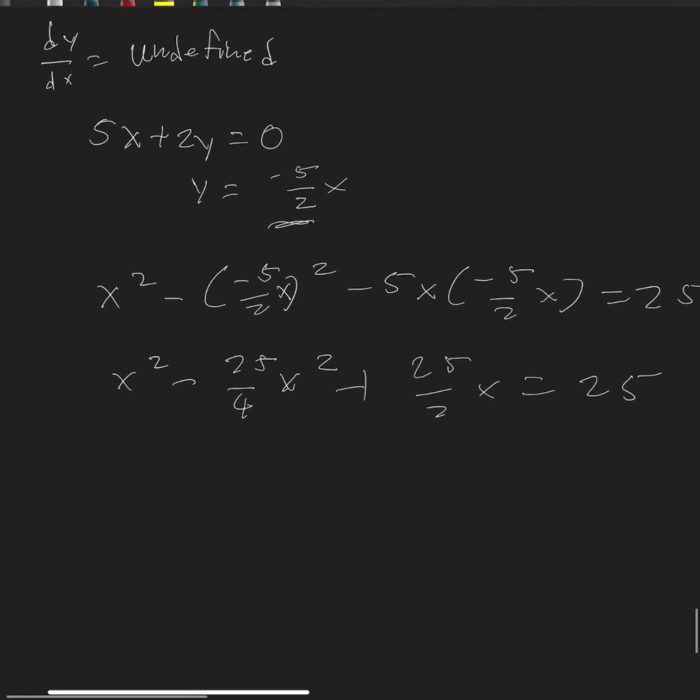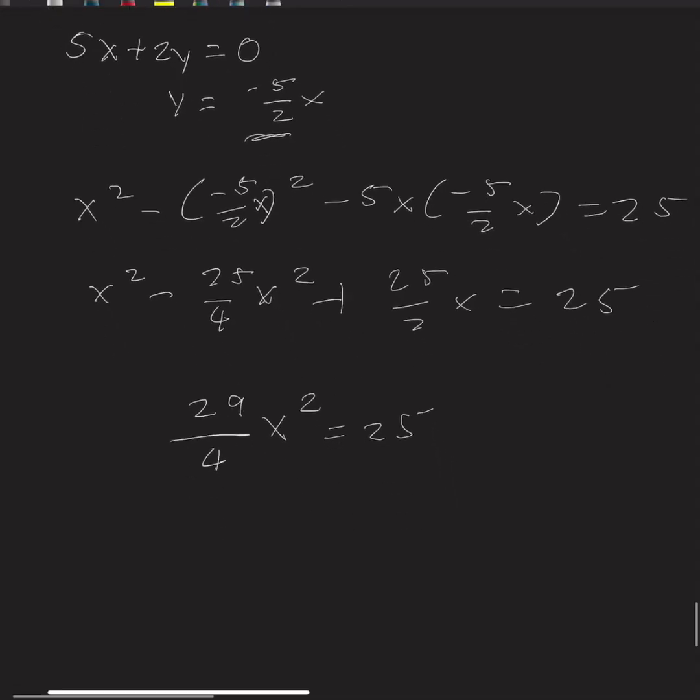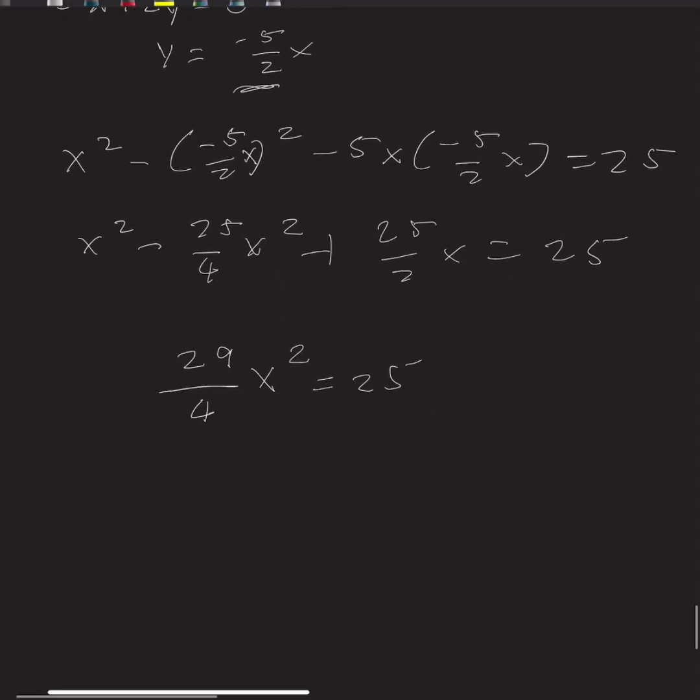So we get 29 over 4 x squared must be equal to 25. Multiplying by 4 on both sides, 29x squared must be equal to 100.